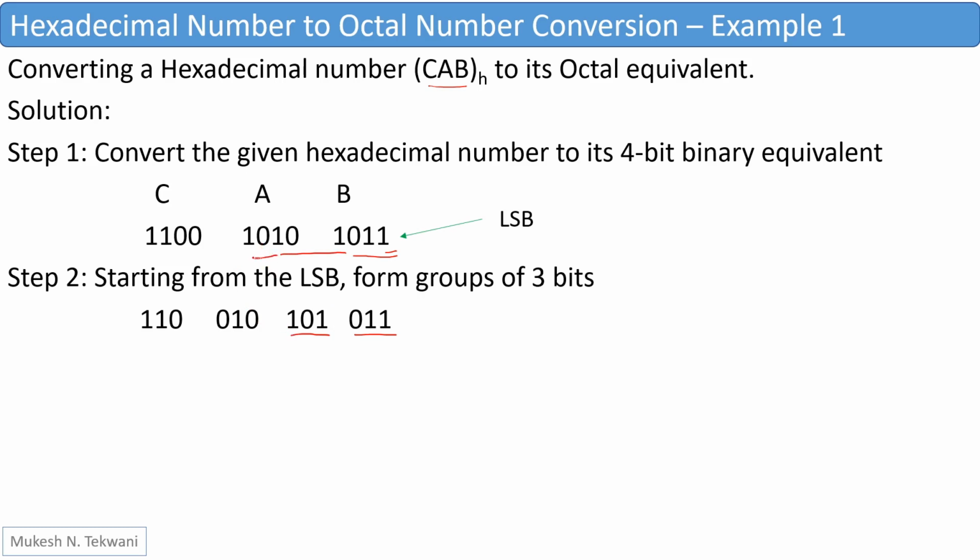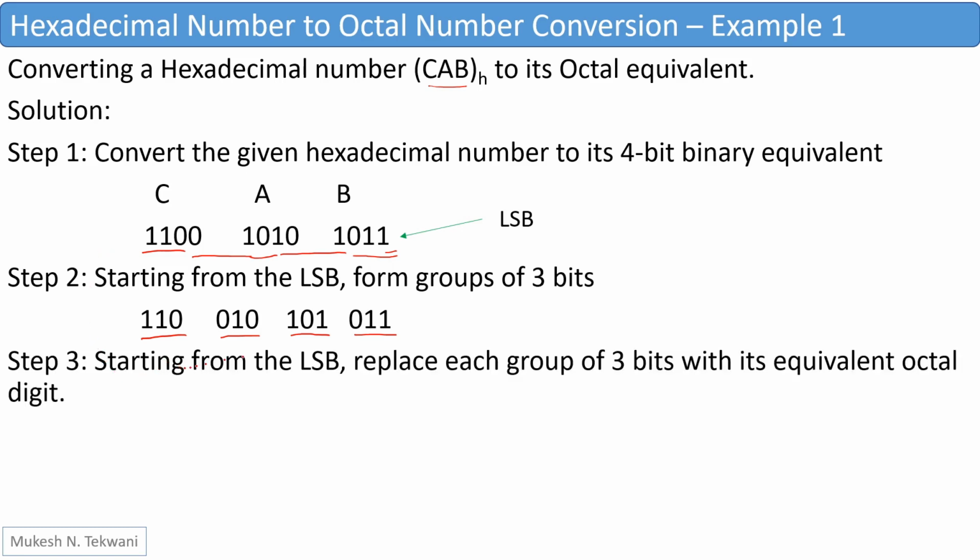Then the next 3 bits are 010, and the last 3 bits are 110. So we take groups of 3 bits starting from the least significant bit and keep moving towards the left.